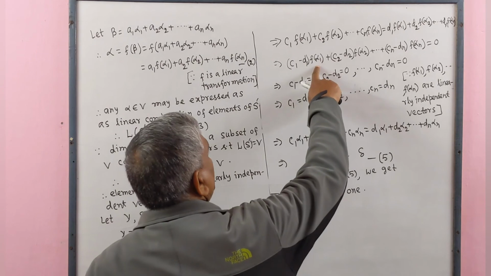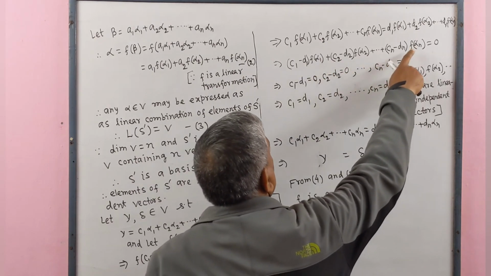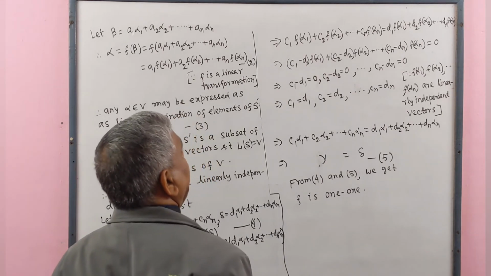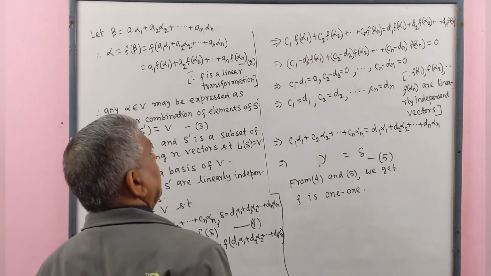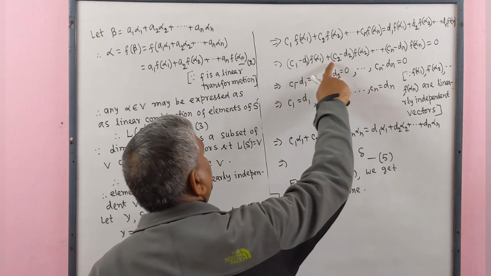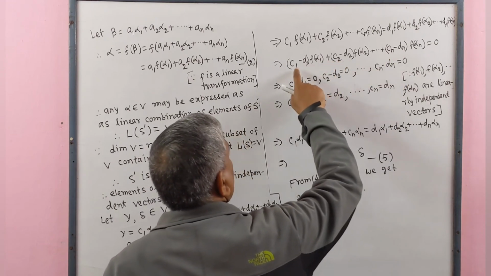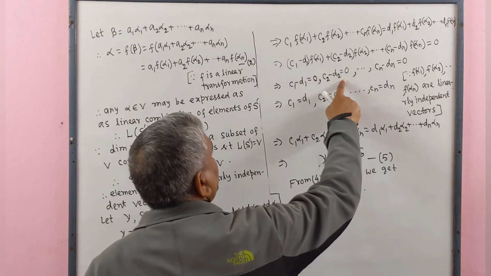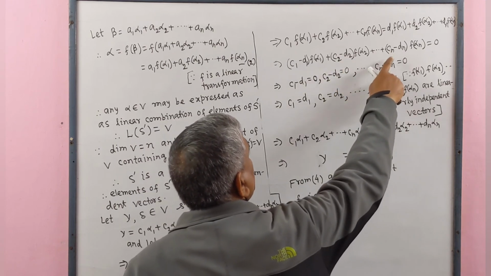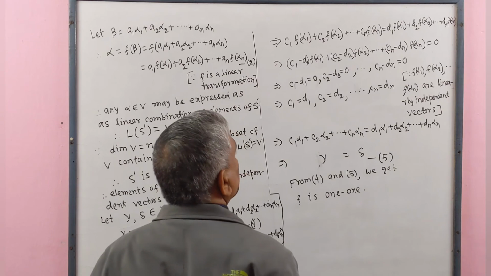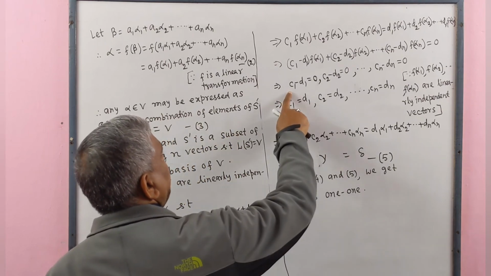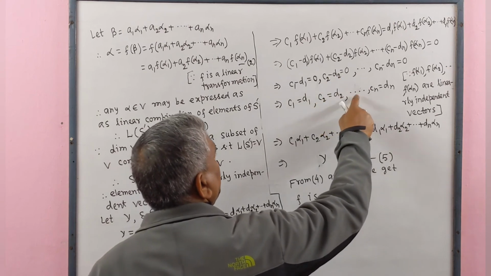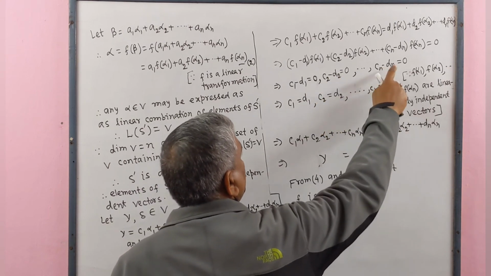Since f alpha 1, f alpha 2, ..., f alpha n are linearly independent vectors, therefore their coefficients will be 0. That means c1 minus d1 equal to 0, c2 minus d2 equal to 0, ..., cn minus dn equal to 0. This implies that c1 equal to d1, c2 equal to d2, ..., cn equal to dn.